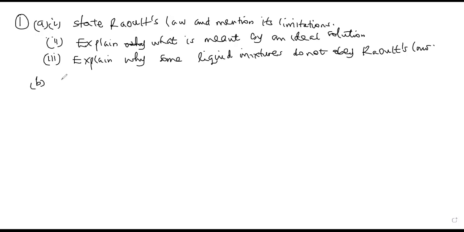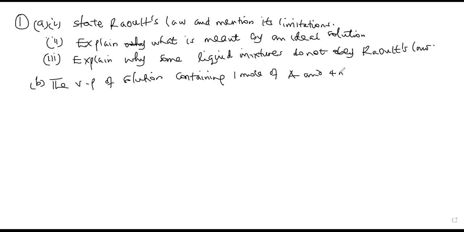Then B, the vapor pressure of a solution containing 1 mole of A and 4 moles of B is 0.75 atmospheres at 25 degrees Celsius.